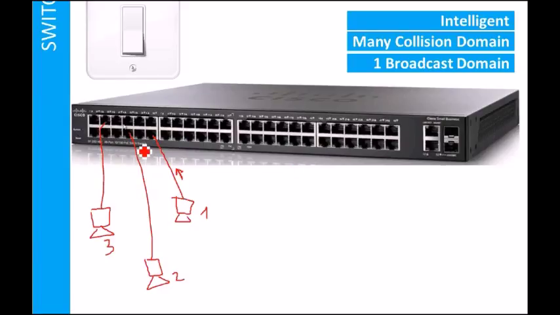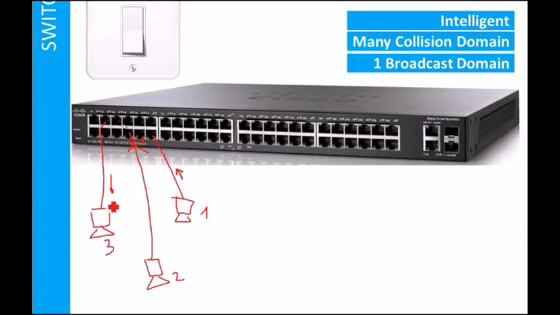But the only difference is that that message has a specific identification, a specific address for a specific host, meaning if that message was intended for host 3 and host 2 looks at that packet and sees it's not its MAC address, that packet is going to drop at this port.